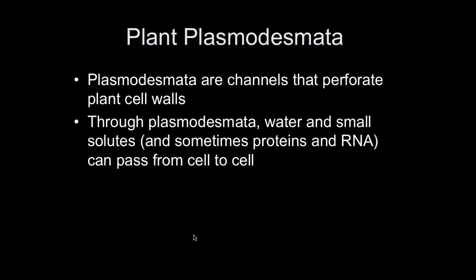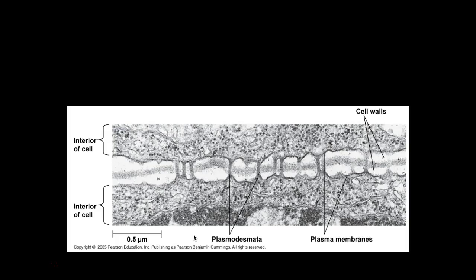The plasmodesmata are channels that perforate cell walls and allow water and small solutes, those are substances that are able to be dissolved in water, and sometimes proteins and RNA, to pass from one cell to the next. And there you can see a better electron micrograph of plasmodesmata extending between cells.